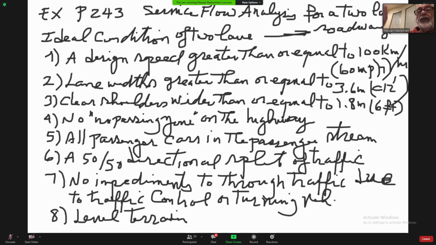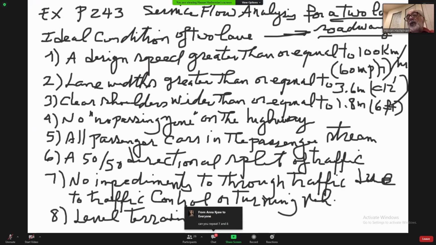All right, so these are the 8 conditions that apply only to a 2-lane roadway. No impedance to through traffic due to traffic control or turning vehicles, and the eighth is level terrain.